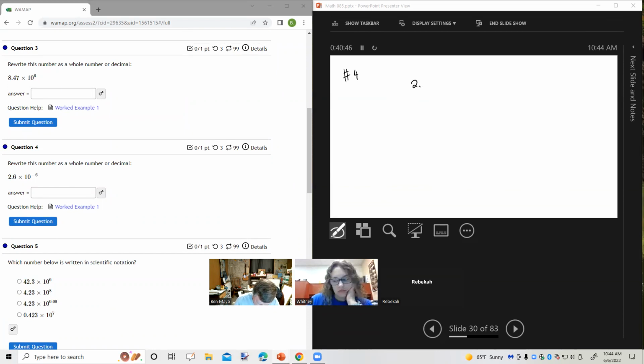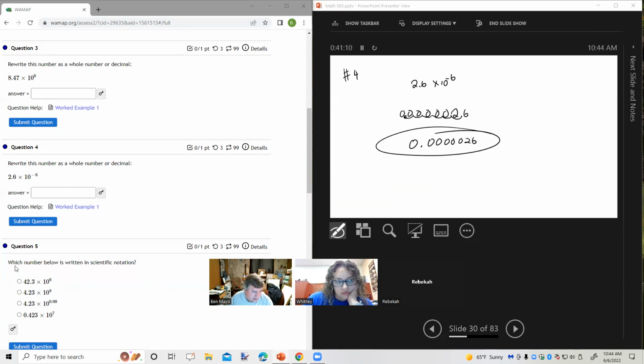So you've got 2.6 times 10 to the negative 6 power. So you're going to move it 6 places to the left. So 1, 2, 3, 4, 5, 6. So 0 point. That's 1, 2, 3, 4, 5 zeros, a 2 and a 6. It would be that. Again, as a whole number or decimal, same as if they'd said in standard notation.